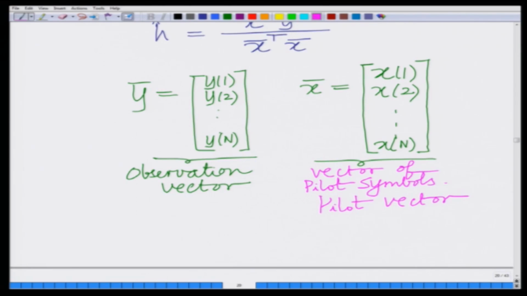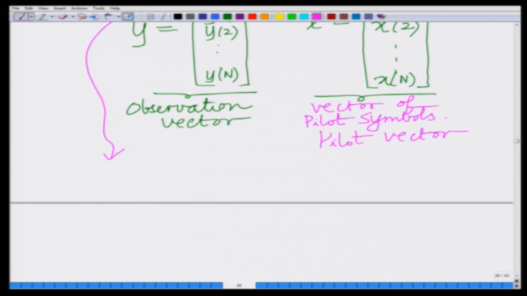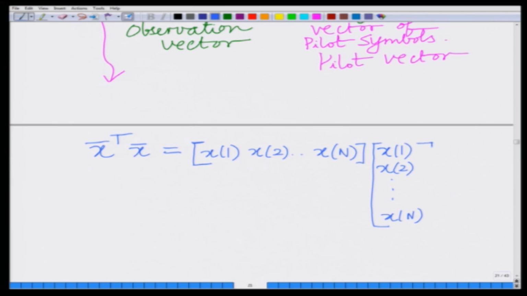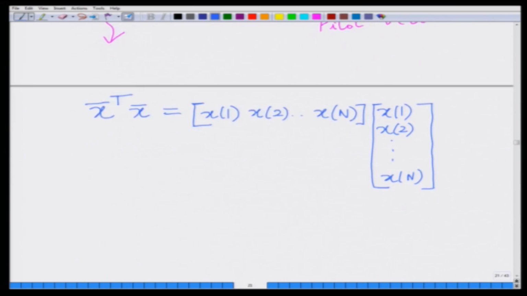Now, if I look at x bar transpose x bar, that is nothing but the row vector x1, x2 up to xn times the column vector x1, x2 up to xn.